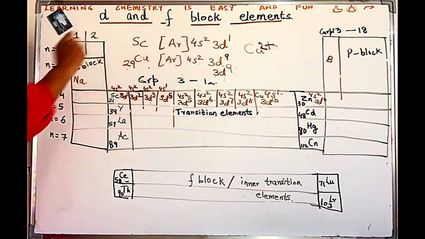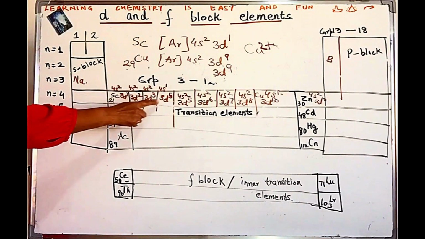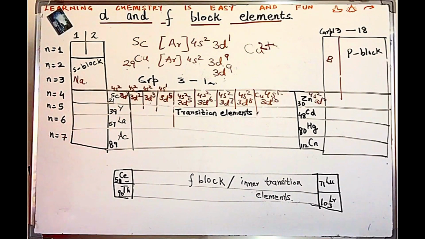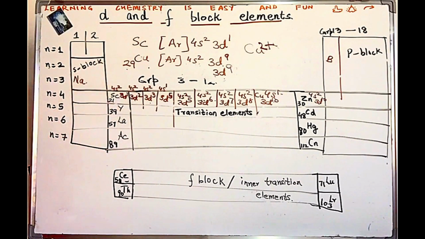For example, in the case of Cu2 positive, it can be any of the oxidation states. They will have incomplete d orbital, right? That qualifies an element for entry into the d block.